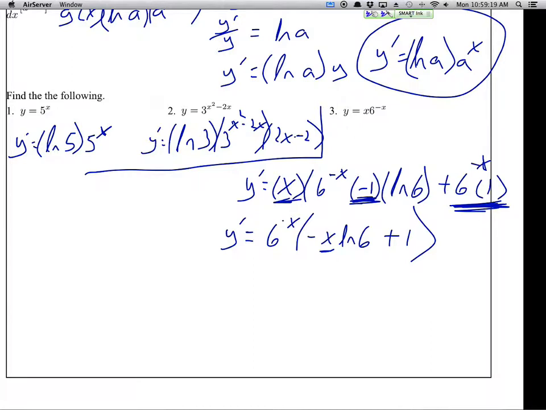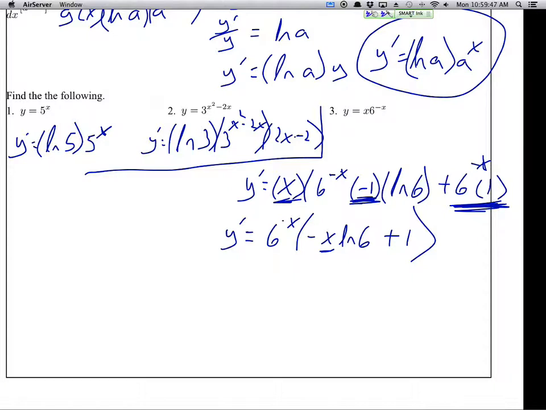Okay. So, two things here. Derivative of an exponential involving e. How do I do that? It's a two-step process: rewrite it, and take the derivative of the exponent. It's a 3-step process if it's something other than e. Step 1, rewrite it; then the natural log of the base; and the derivative of the exponent.